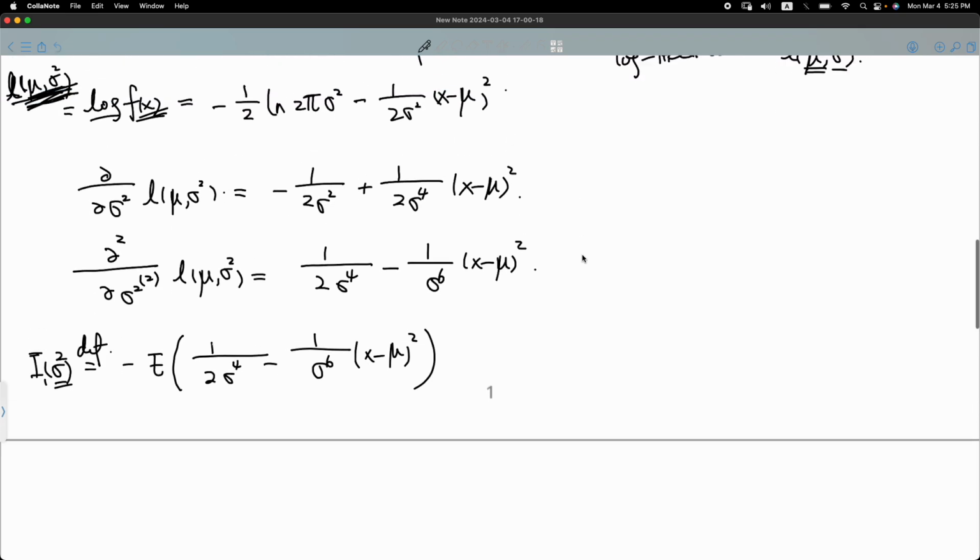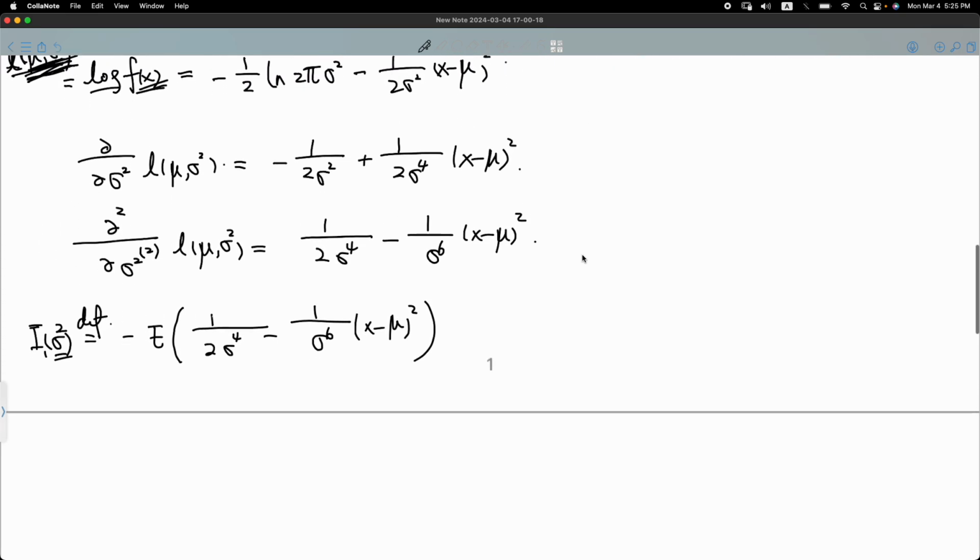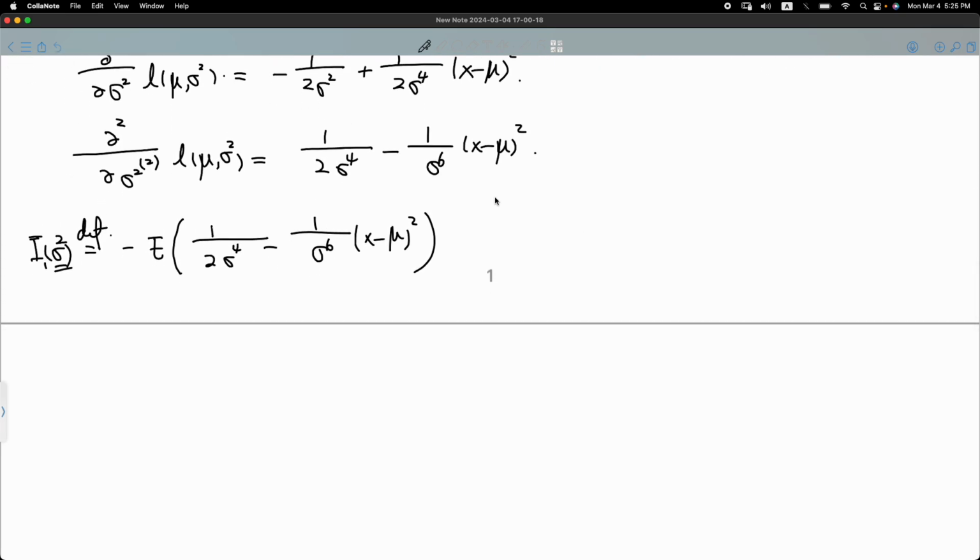Okay, yeah, so now we just need to perform simplifications. So the expectation here is only going to apply on the random variable. So the only term involving the random variable is the x here. So we have negative of the constant, so 2 sigma raised to the power of 4, and then plus. So you can expand the square and then plug in the expectation.